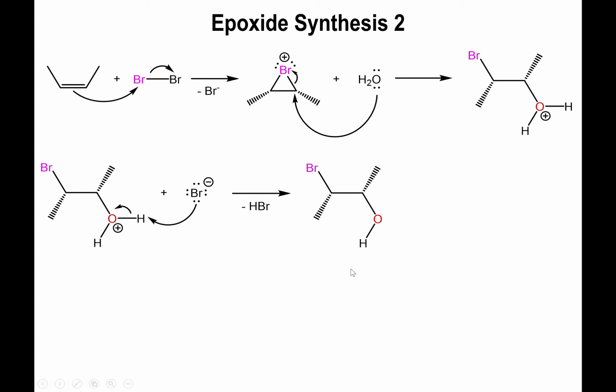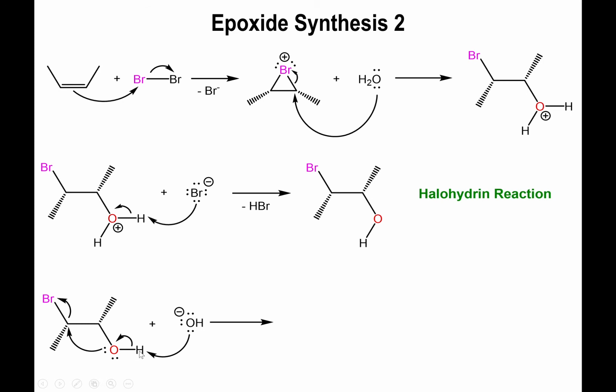And what you can see is that you do have an oxygen that is next door to the carbon where the bromine is located, and the carbon-bromine bond is technically where the leaving group is located. So this halohydrin can then be further utilized in the presence of a strong base like a hydroxide to deprotonate the alcohol.